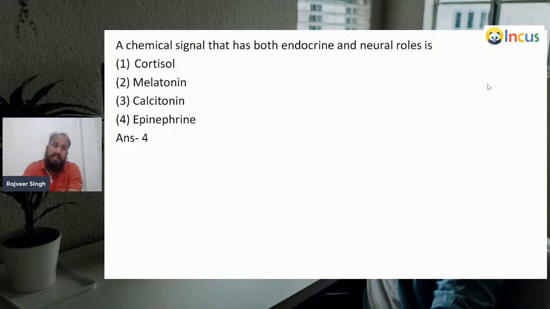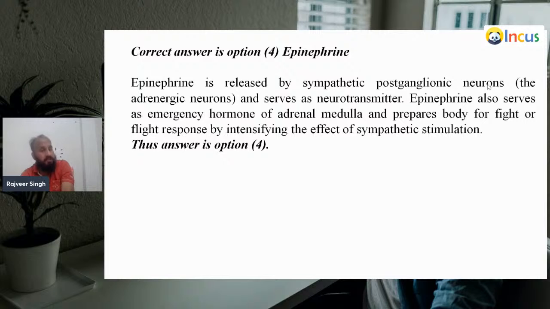Next one, a chemical signal that has both endocrine and neural roles is a what? Cortisol, melatonin, calcitonin, epinephrine. The answer will be epinephrine. Epinephrine is released by sympathetic postganglionic neurons, the adrenergic neurons, and serves as a neurotransmitter.